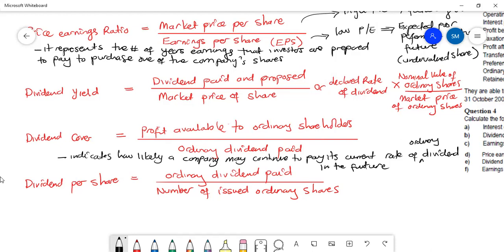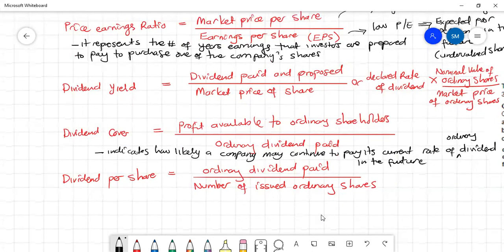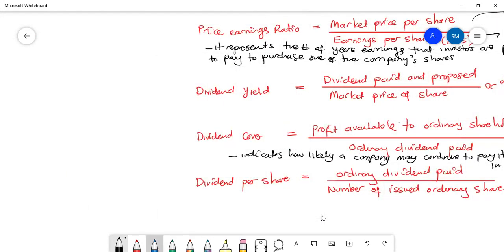Where will I write that? A high dividend cover signals a conservative dividend policy.